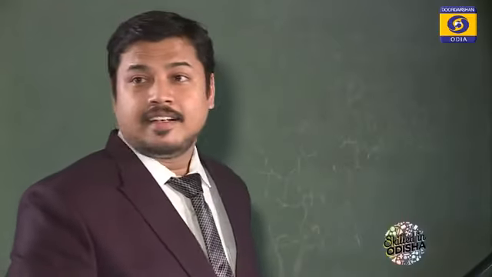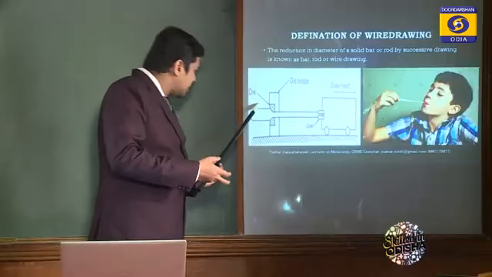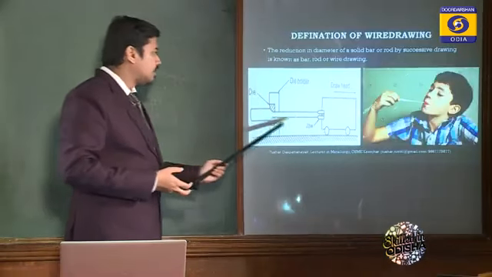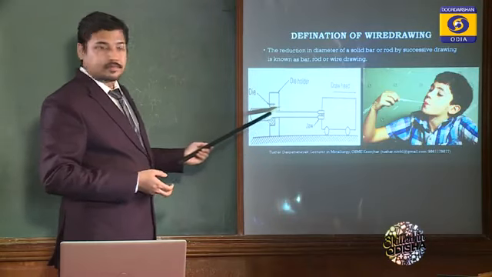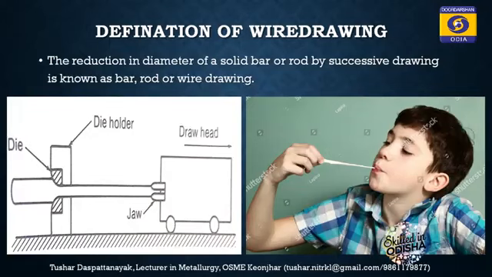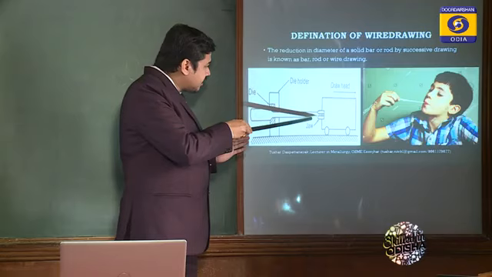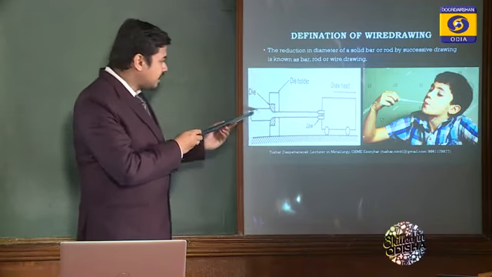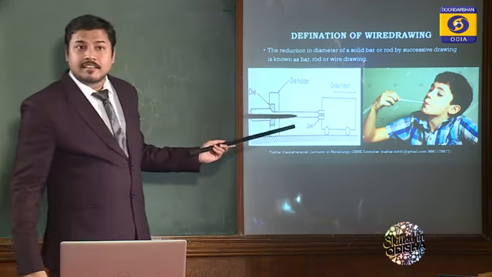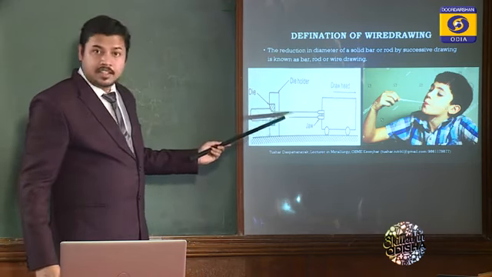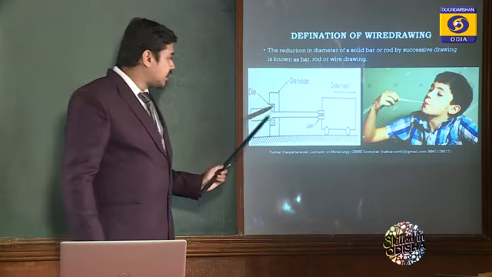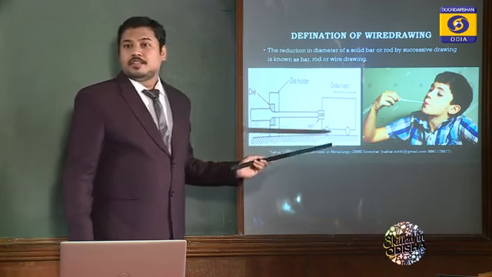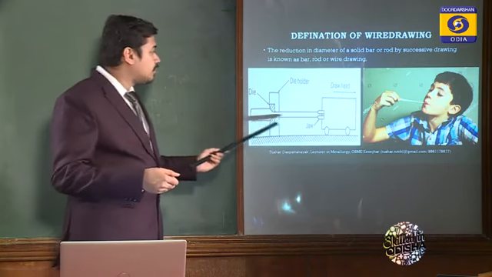So the die acts as the mouth, the chewing gum acts as this rod, and this jaw acts as the finger, the right hand finger. By drawing this, there will be a reduction in the diameter. The initial diameter is this much, the final diameter will be this much. There is a reduction, obviously. The reduction in diameter by successive drawing is called wire drawing.